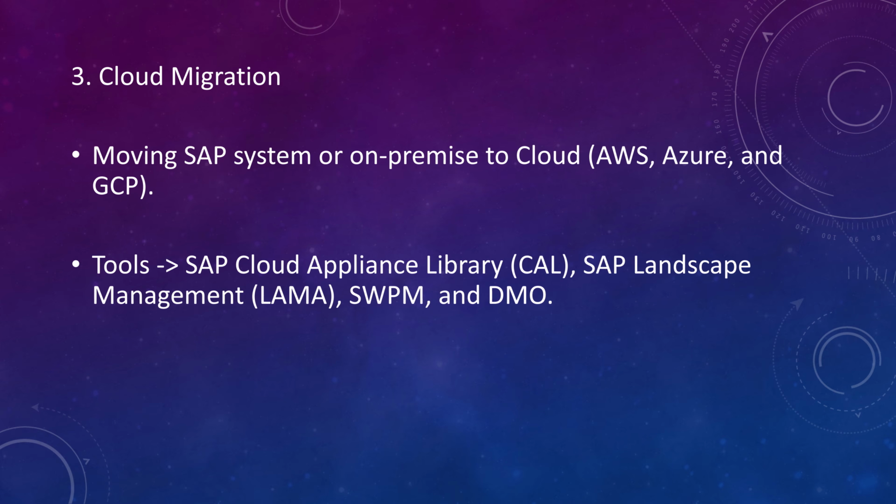The main tools used in cloud migration are SAP Cloud Appliance Library, SAP Landscape Management, SWPM, DMO. Cloud migration can be part of a larger digital transformation journey, helping businesses run faster and smarter using cloud technologies.